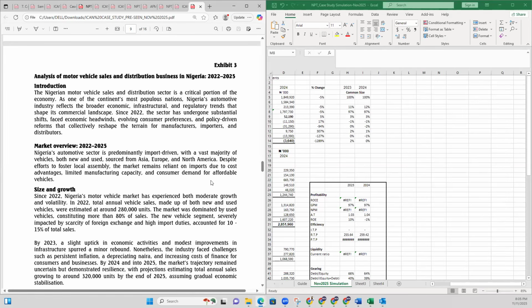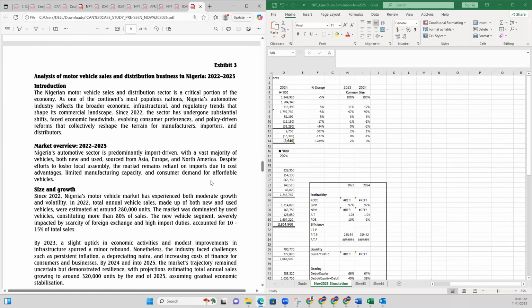Okay. Exhibit 3, Analysis of Motor Vehicle Sales and Distribution Business in Nigeria, 2022 to 2025. Introduction. The Nigerian motor vehicle sales and distribution sector is a critical portion of the economy. As one of the continent's most populous nations, Nigeria's automotive industry reflects the broader economic, infrastructural, and regulatory trends that shape its commercial landscape.